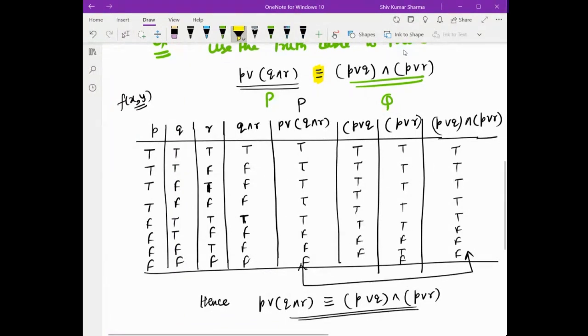Understand? So try to solve all the problems related to truth tables. When you solve more problems, then you can remember all the connectives.